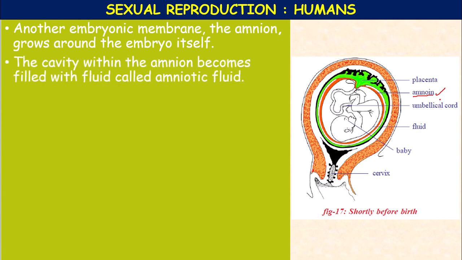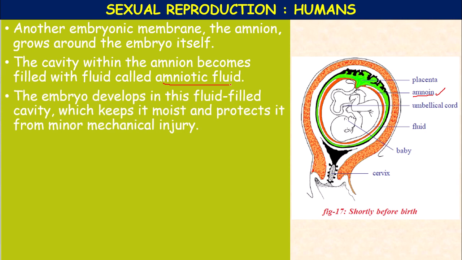The cavity within the amnion becomes filled with fluid called amniotic fluid. It acts like a shock absorber and protects the embryo from mechanical injury. The embryo develops in the fluid-filled cavity, which keeps it moist and protects it from minor mechanical injuries.